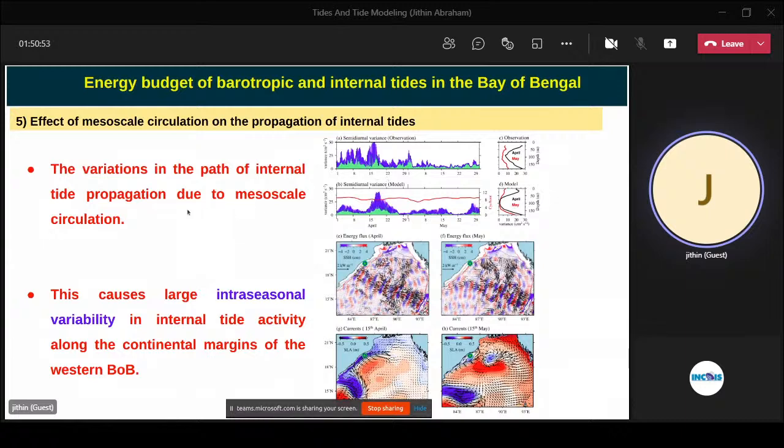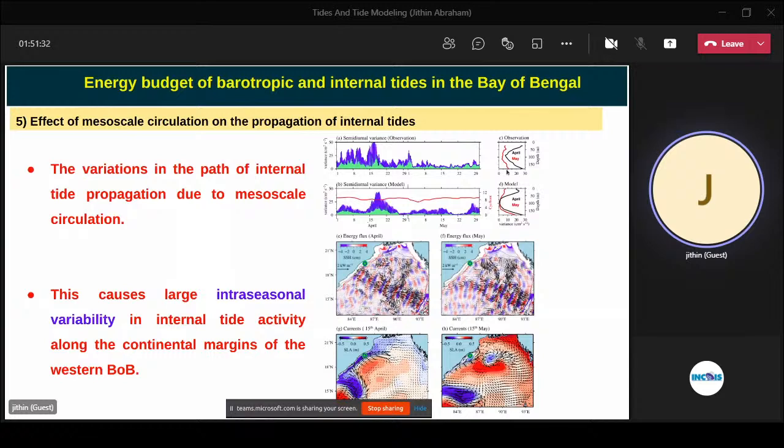So we can distinguish the barotropic tidal currents as the depth-averaged flow, and the baroclinic or internal tide current as the difference between the total tidal currents and the depth average. It is also important to note that extraction of tidal currents from surface data or point data will be difficult.